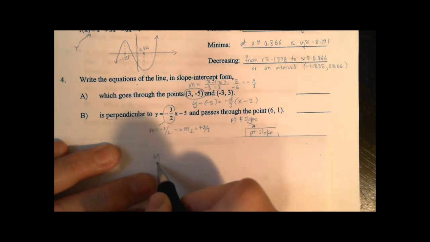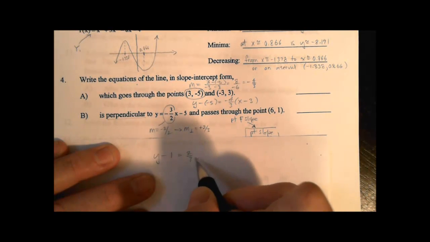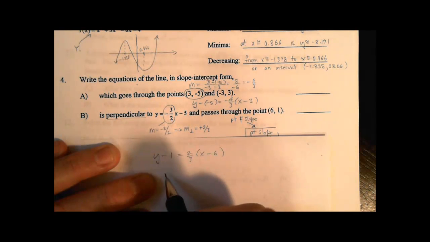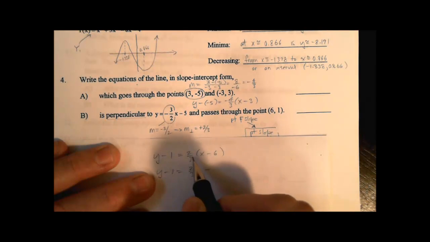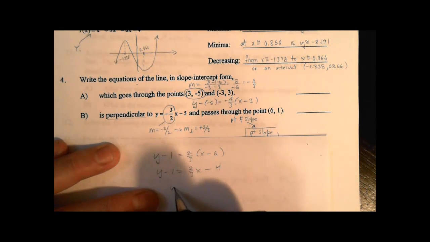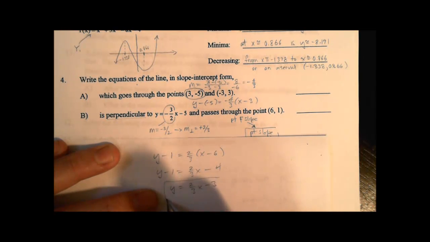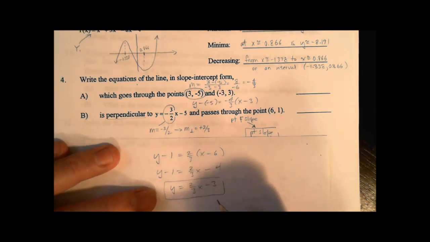So we have y minus y1 is m times x minus x1. So y minus 1 is 2/3 x minus 4. So y is 2/3 x minus 3. And again, you could draw pictures of this and check that it goes through 6, 1.